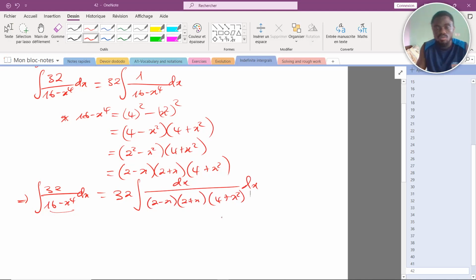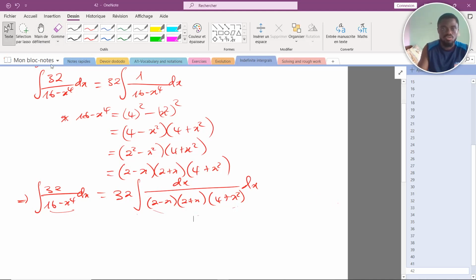How do I then proceed to integrate this? It's very simple. I will first need to express 1 over all of this as a partial fraction. You understand? So let's proceed to that.